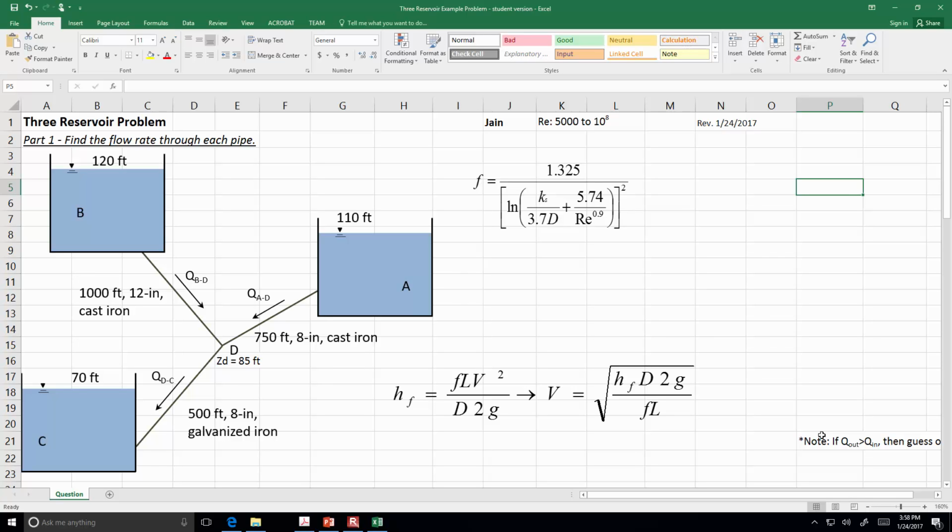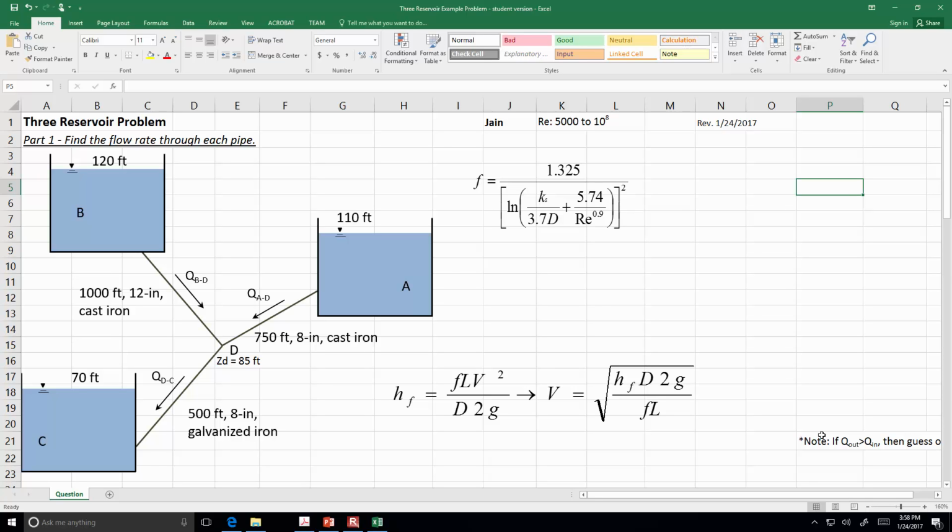That's like the implication of flow in equals flow out. It just means that all of the energy works out, that there's no contradictions in how much energy there is at D. Because we're going to have to change our guess of how much head there is at D, and let's say our first guess was that it was equal to 110, and so there's no flow in or out of reservoir A. But when we lower the head at D, then that's going to tell us what direction.